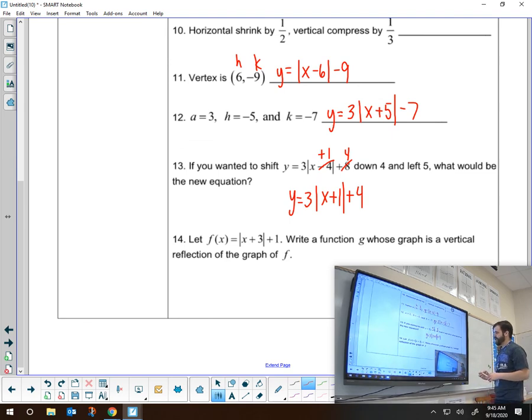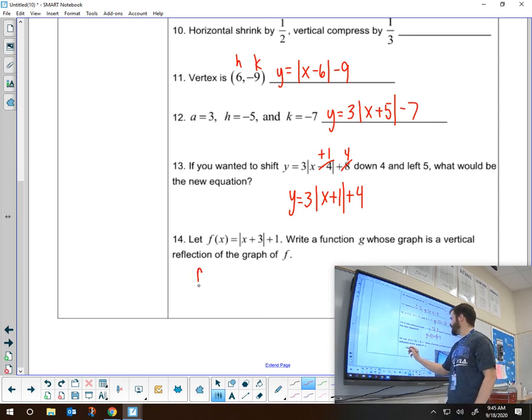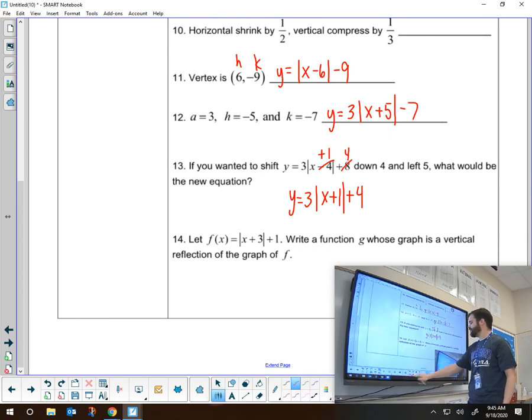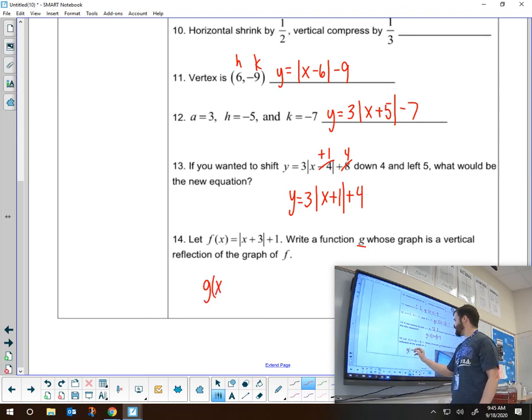Okay? And then lastly, write a function g whose graph is a vertical reflection of this graph. Well, to do a vertical reflection, I just need to have a negative a, right? Instead of saying f of x, though, it wants us to name our graph something different. It wants us to name our graph g. So I'm going to name it g of x. Remember, g of x, f of x, the same thing as y.